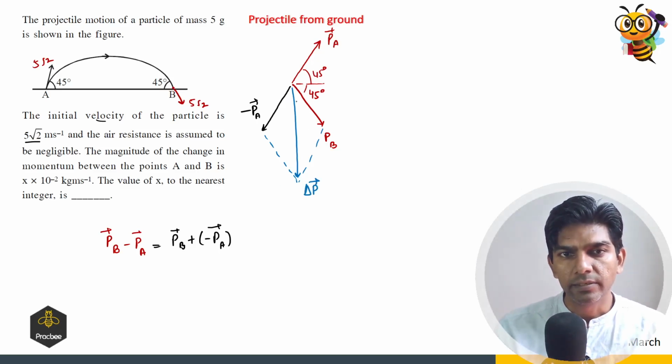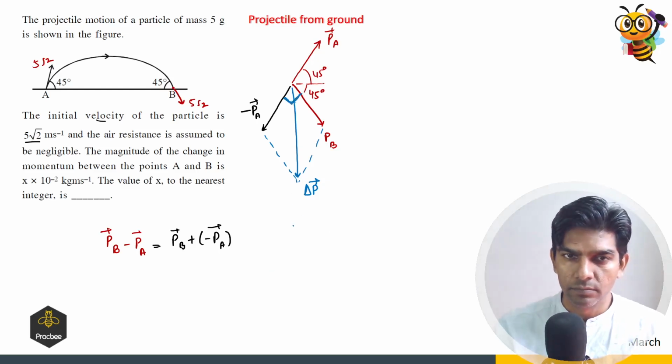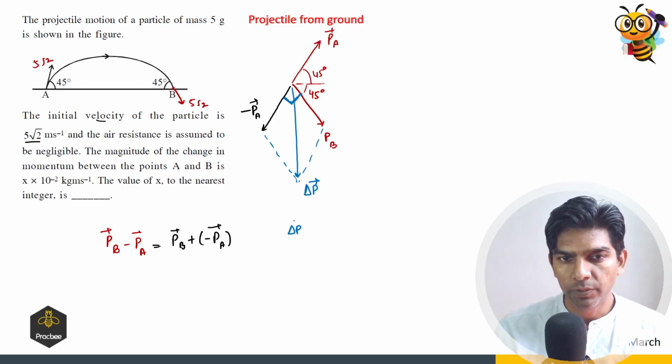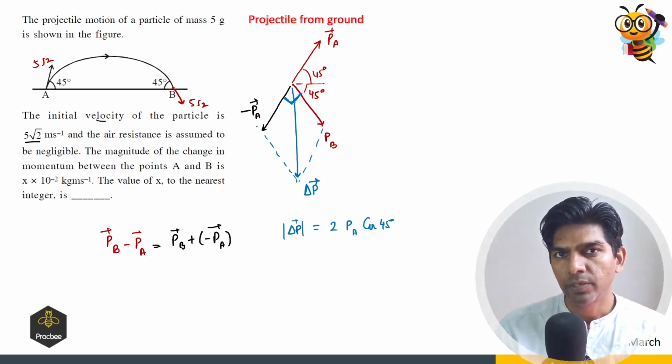And this angle will be 90 degrees, right? This total angle will be 90 degrees. So delta P will be what? It will be 2 times PA times cos 45 degrees, because PB and PA both have the same magnitude.